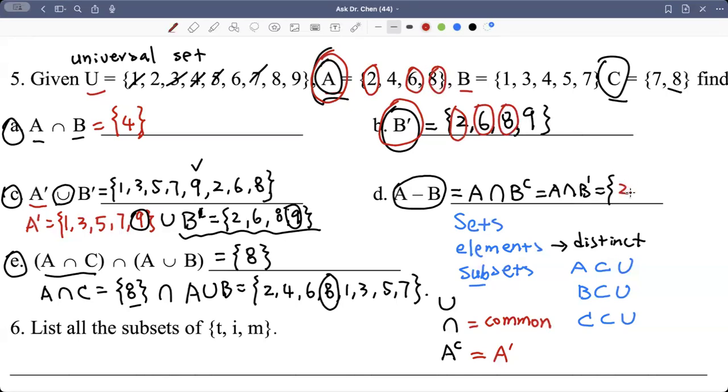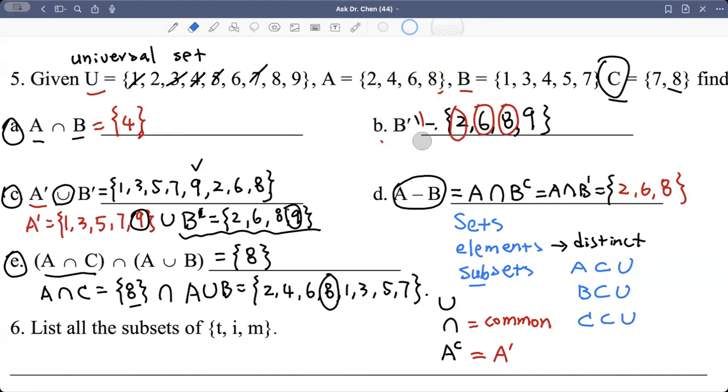So they equal 2, 6, and 8. If you want to use mathematical thinking, as this question is written as A minus B. We don't do A minus B. So B complement is 2, 6, 8, 9. That's B complement.